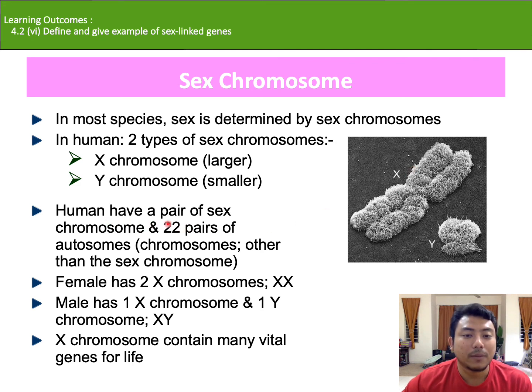Humans have a pair of sex chromosomes and 22 pairs of autosomes, so altogether 23 pairs. Female has two X chromosomes, whereas male has one X chromosome and one Y chromosome, giving you XY. The X chromosome contains many other vital genes for life.